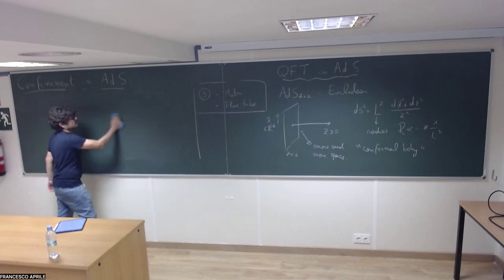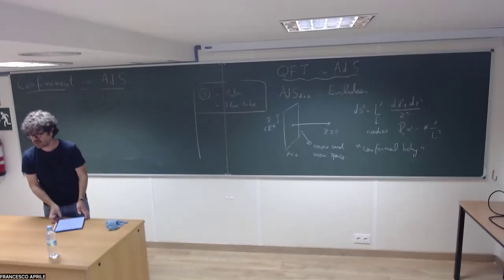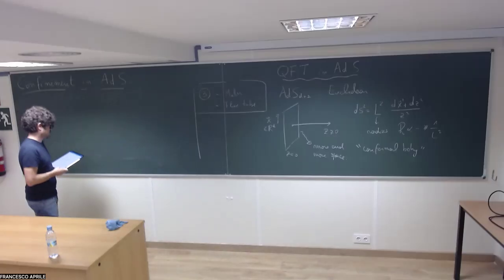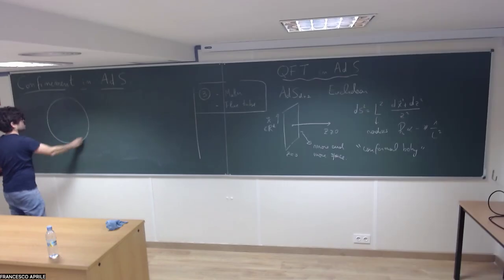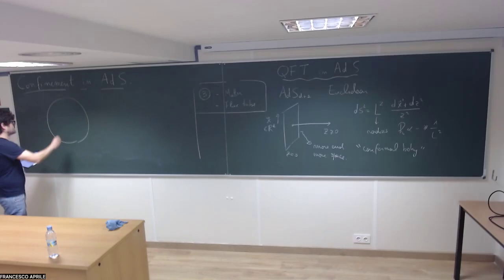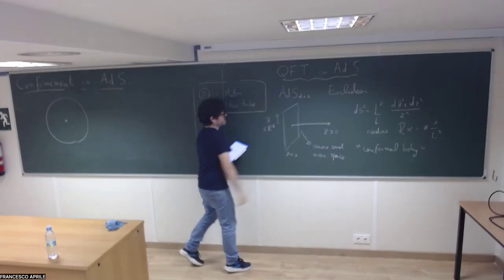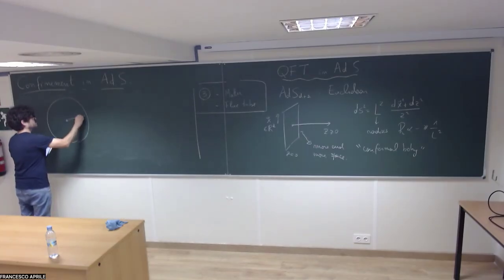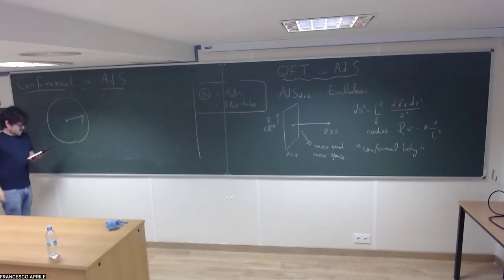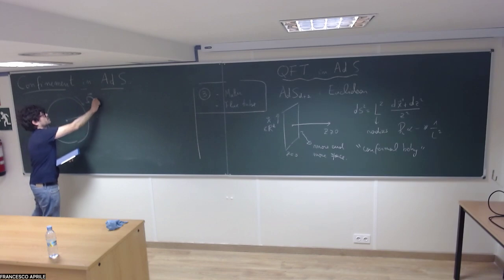Another useful set of coordinates is with spherical slicing instead of flat slicing. We view it as the inside of a ball. So this was like a half space basically, and now we view it as the inside of a ball with some radial coordinate rho and some angular coordinate omega.